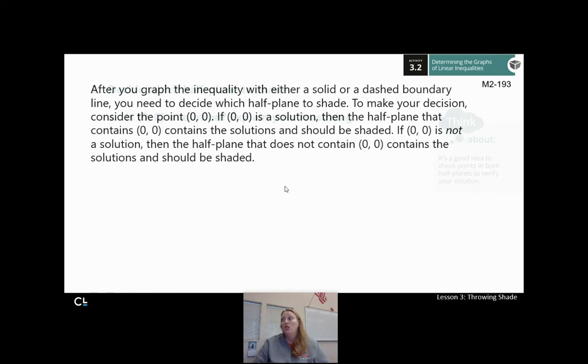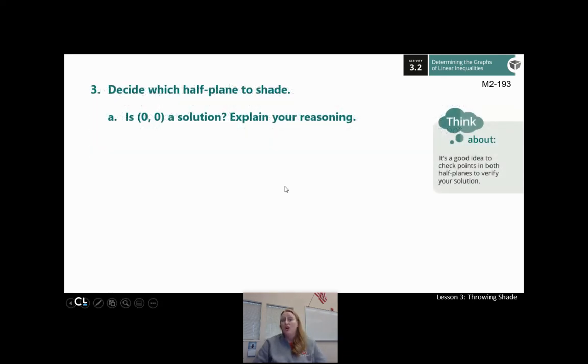So here's what you're going to do. First of all, you have to decide if 0, 0 is a solution. Here's a hint: that's x, that's y. You could plug in and find out. For part A, I would like you to decide if it's a solution and explain why.